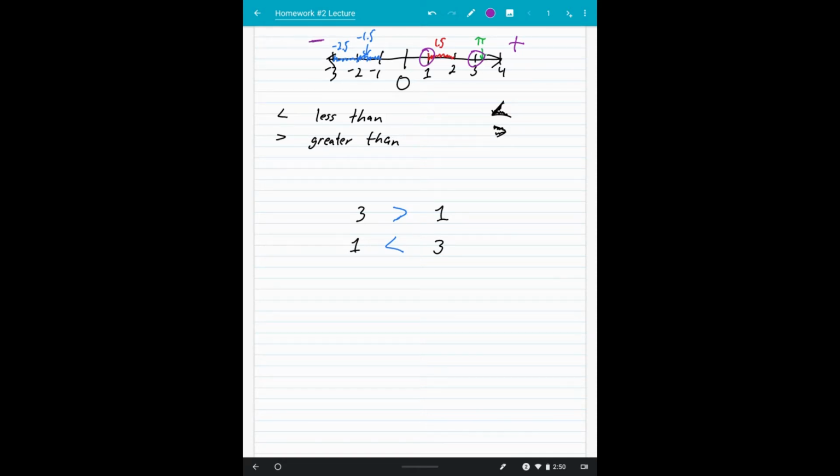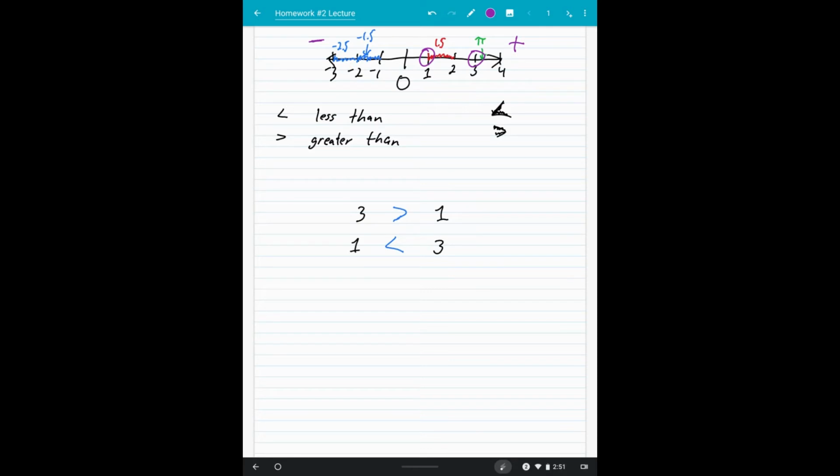So 3 is larger than 2, 1, 0, negative 1, negative 2, negative 3. Or 4 is larger than 3, 2, 1. Or 4 is larger than pi. Where it gets a little confusing for some is negative 1. Since it's further to the right, it's larger than negative 2. So negative 1 is larger than negative 2, and larger than negative 3.